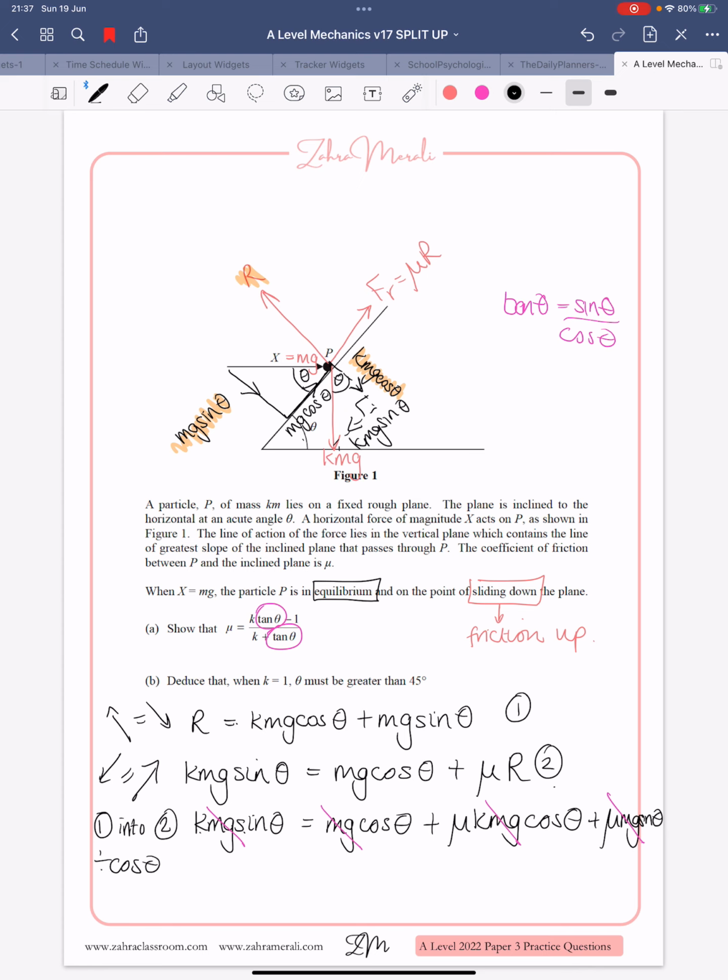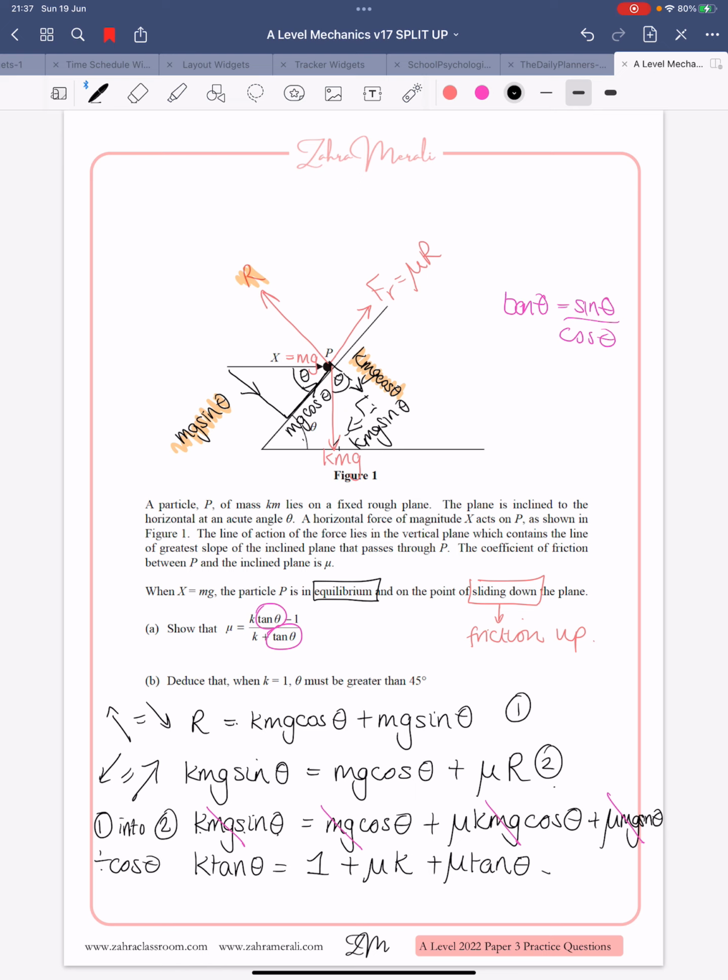So k sine theta, sine over cos is tan, so I'm going to get k tan theta. Cos theta divided by cos theta is just going to give me 1. I've got mu k cos theta, so again, the cos theta is going to disappear. And here I'm going to get mu tan theta, because I've got sine over cos.